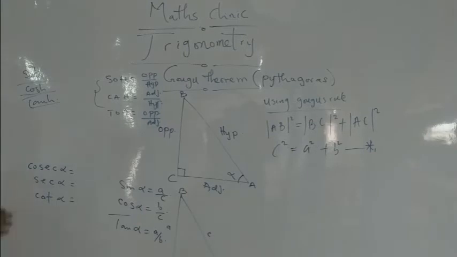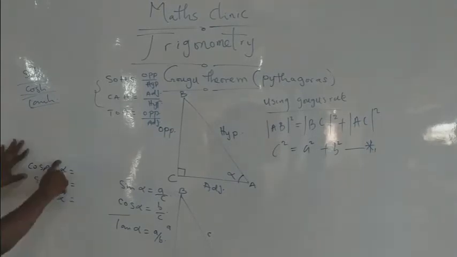Cosec alpha, what is it derived from? My teacher said I should count 3 letters. 1, 2, 3. The third letter is S, which stands for sine.